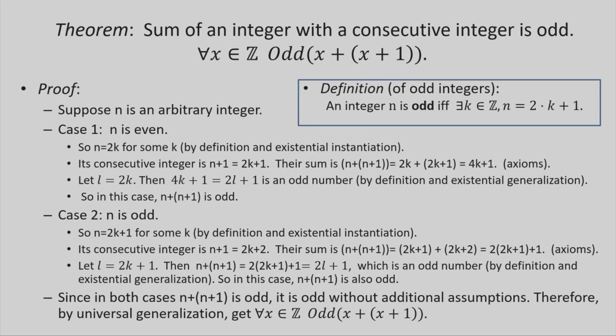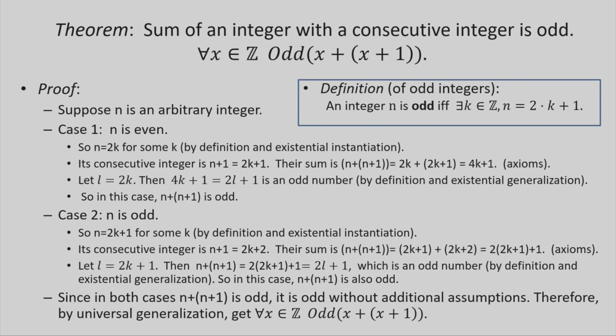Again, we use the definition, we use existential instantiation to give that name k to that number that divides n and gives 2. So now we know that our number was of the form 2k. The next number was 2k plus 1. We could take their sum and get 4k plus 1.